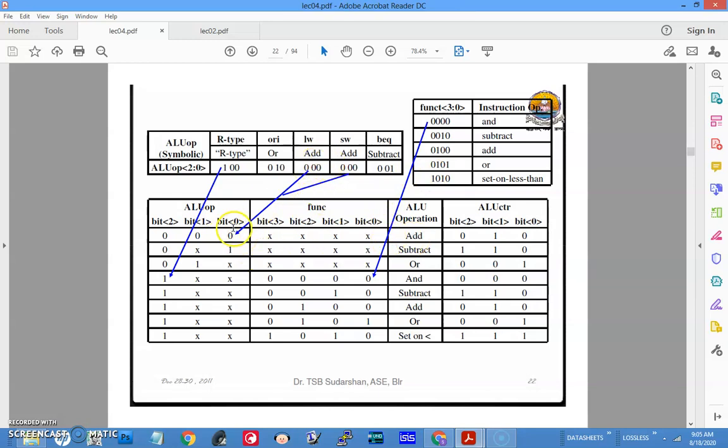If the operation is subtract, it is 1, 0, 0, 0. Likewise, when the function code is for subtract, you need to select the ALU op corresponding to subtract here. Likewise, it's possible to generate the final ALU OP control signal.